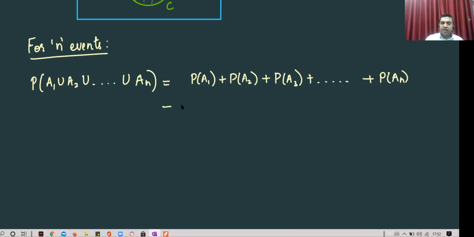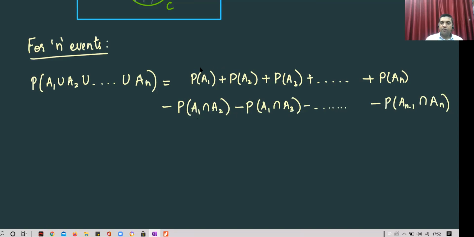Next, with a negative sign, inclusion, exclusion, with a negative sign of the intersection taken two at a time: A1 A2, A1 A3, then A2 A3, then up to n minus 1.